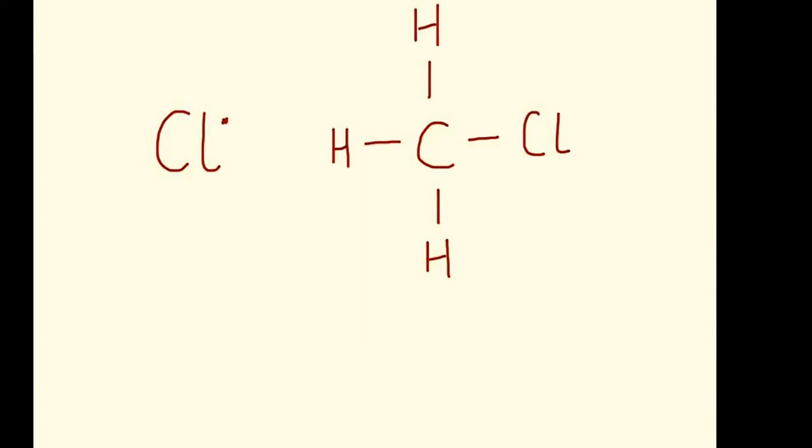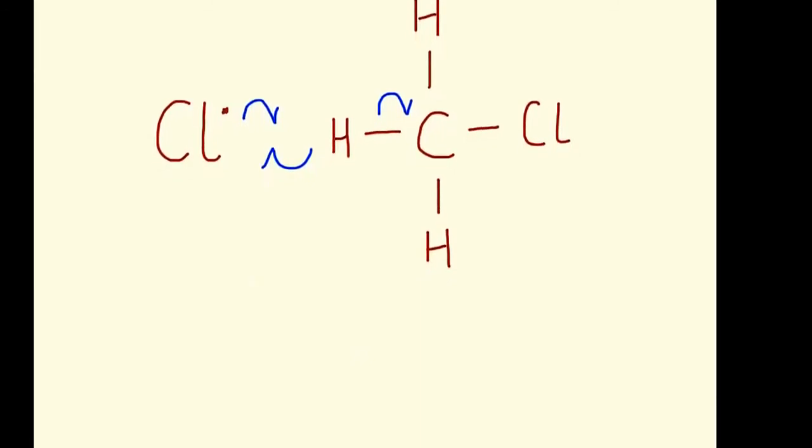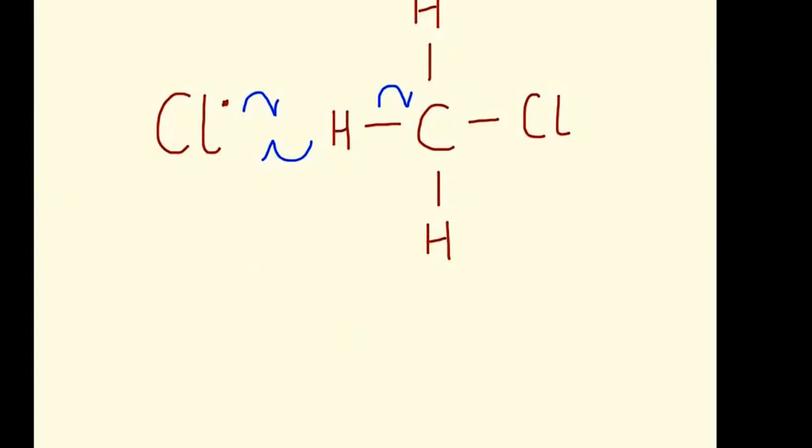So for example, chloromethane may have been produced near the start of the reaction and there are still some chlorine radicals being made. Well, the chlorine radical is going to do exactly what the chlorine radical did in the propagation step before, and it will remove a hydrogen from the chloromethane.